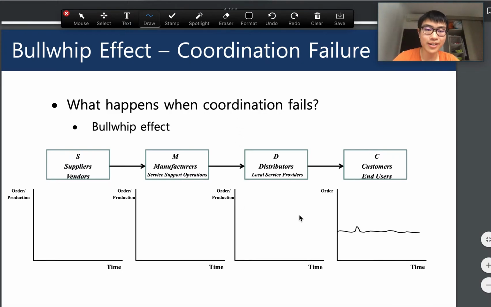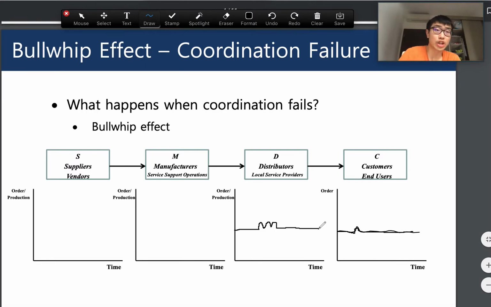So the bullwhip effect starts off like this. For example, when one customer orders, you can see here, and now things are getting a bit difficult. When this is up to the distributor stage, it will look like this. As you can see, if the customer makes a certain amount of orders, the distributor usually stocks more.